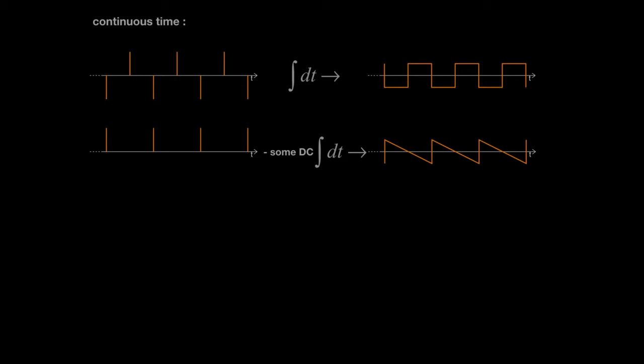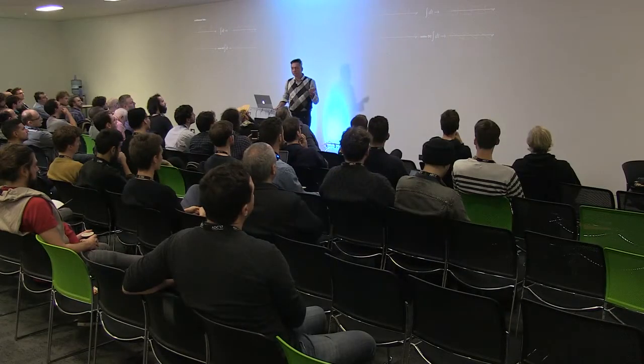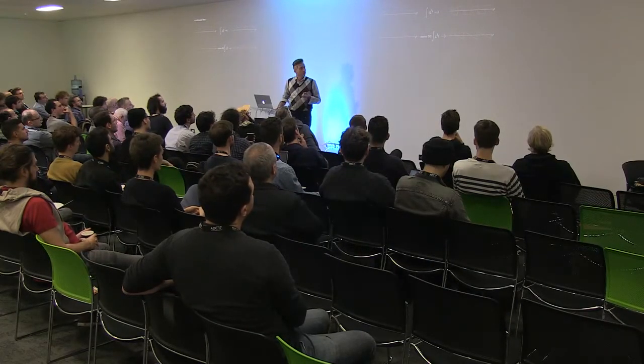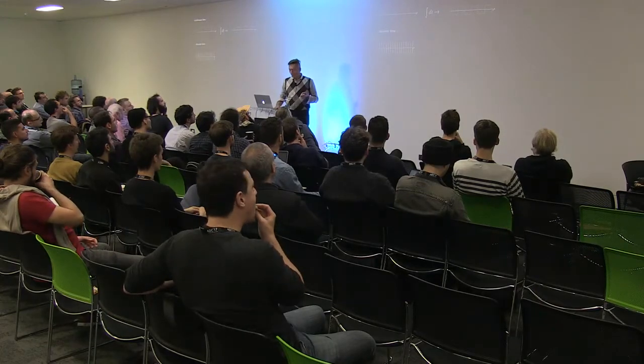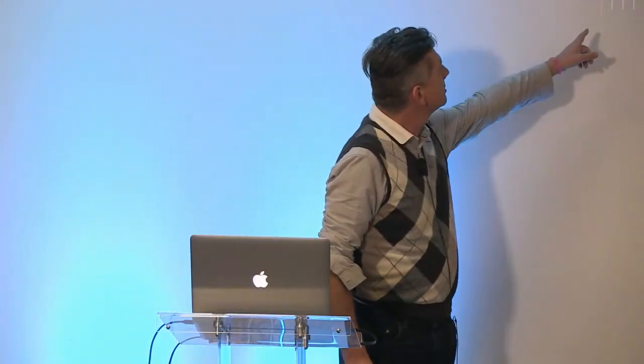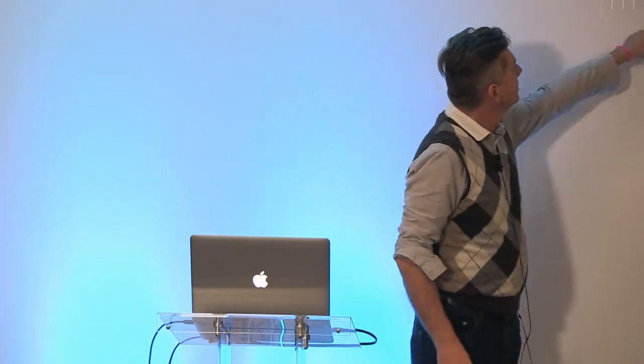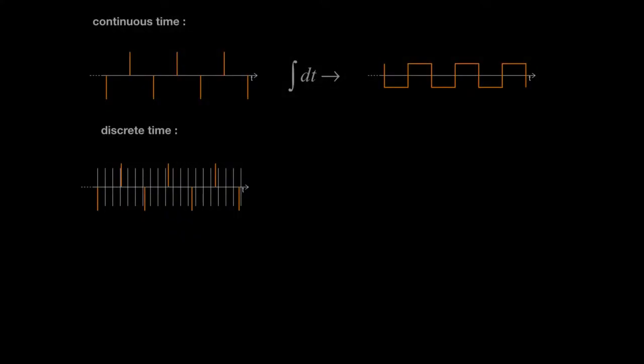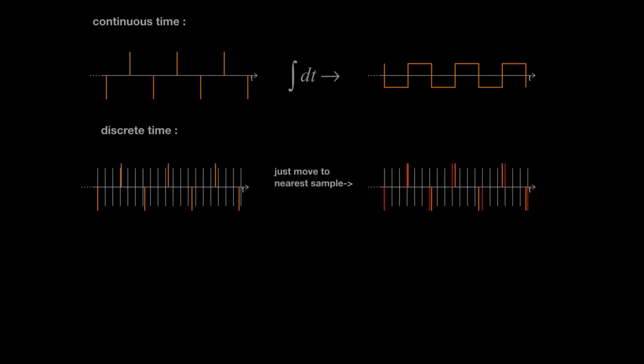Easy peasy, everybody knows that. Unfortunately, we're not dealing with continuous time in digital signal processing. We're dealing with discrete time, where the samples are not exactly where we want them to be. So the pulses are kind of in between. What we do is we just move them to the nearest sample and we're all set.